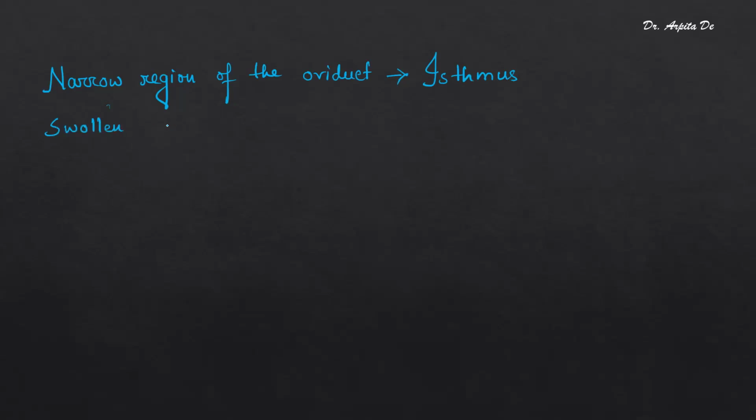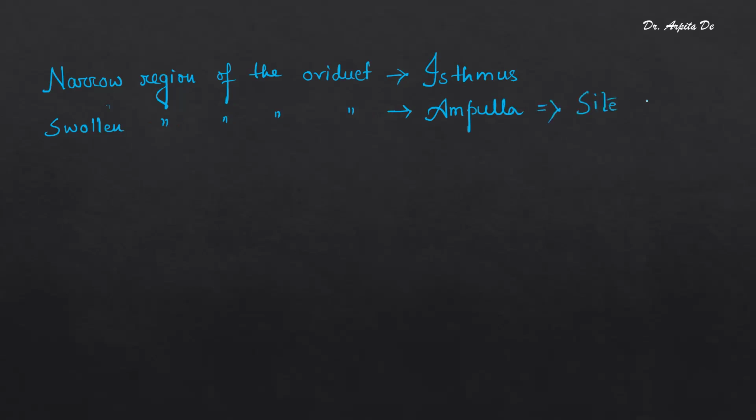The swollen region of the oviduct is known as the ampulla. Now, this ampulla is the site of fertilization.